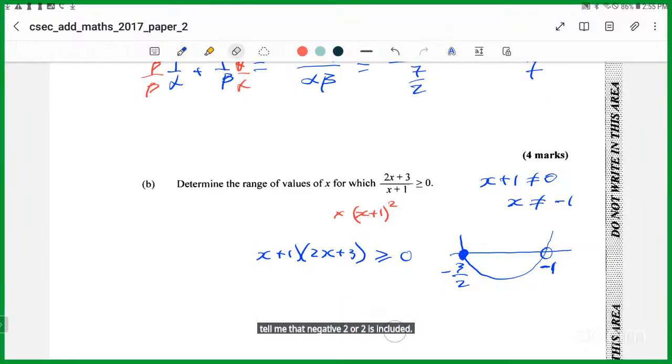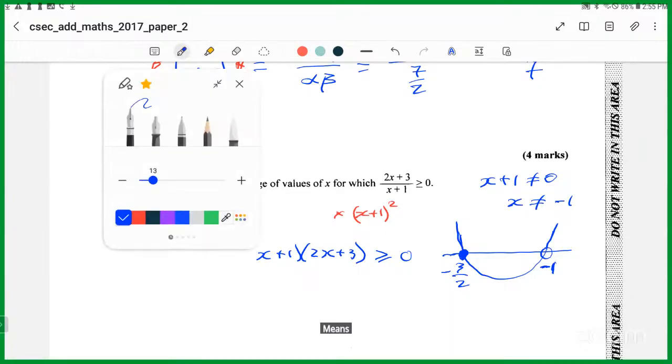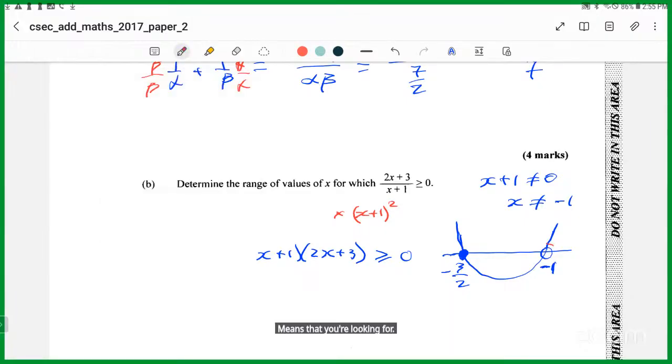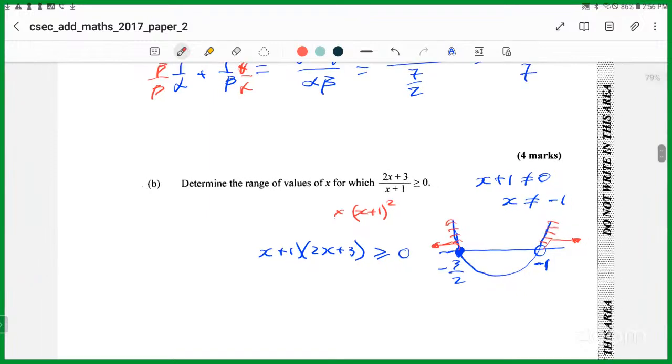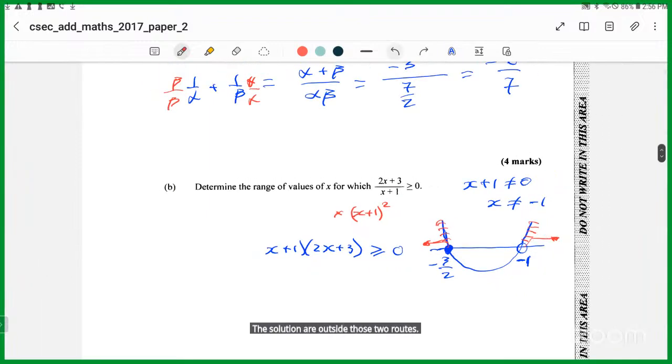Alright, now, a solution greater than 0 with a smile means that you're looking for values up here on the graph, which are obtained by x values to the right of negative 1 and to the left of negative 3 over 2. So the solution is outside those two roots, not including negative 1.